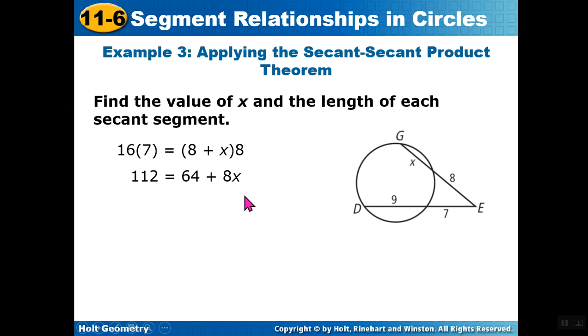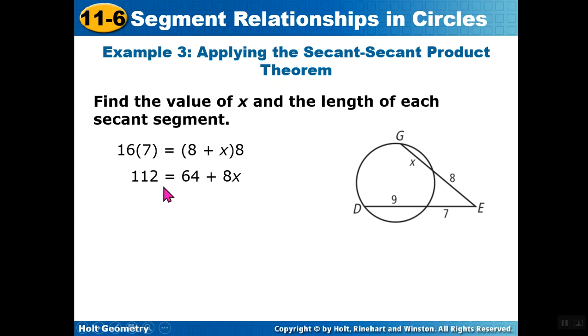The whole secant segment is 9 plus 7, which is 16, times the exterior part, which is 7, equal to the whole secant segment, which is x plus 8, times the exterior part of the secant.